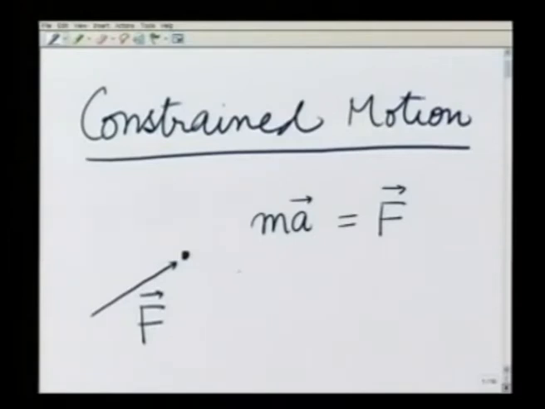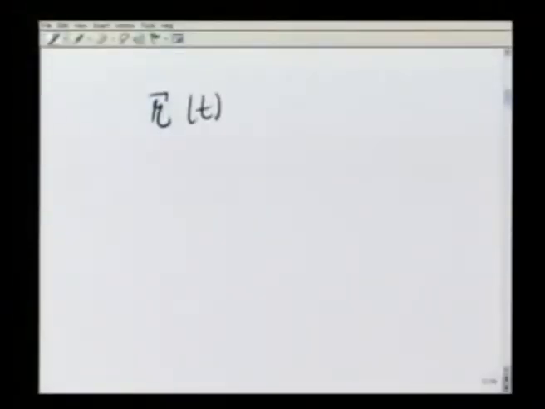Written in terms of its coordinate, I can write this as m r double dot equals F, where double dot denotes the second derivative with respect to time. Of course, if the particle is free to move, that means it can go anywhere. Then I solve this equation and get r as a function of time, given a force.